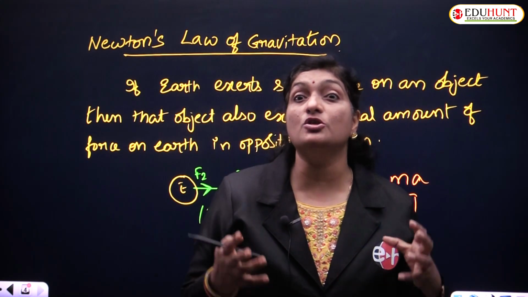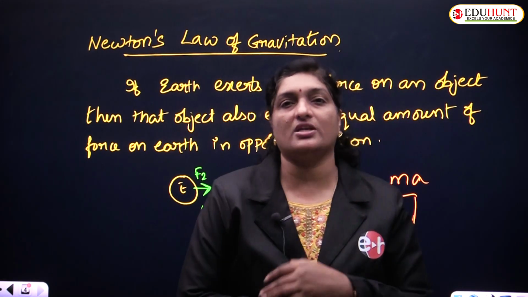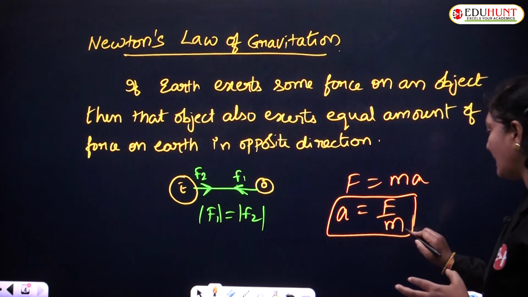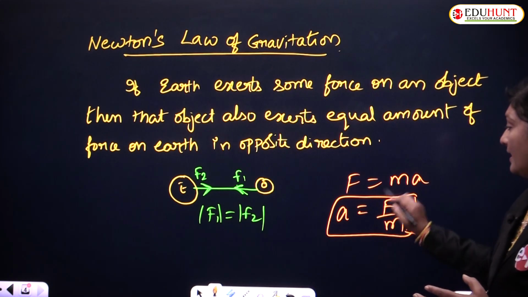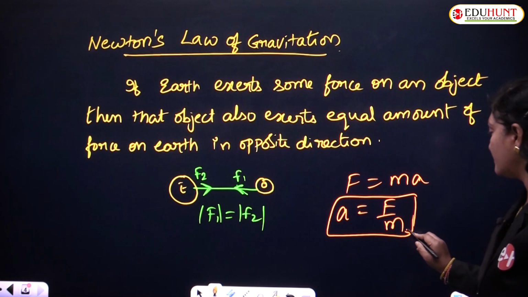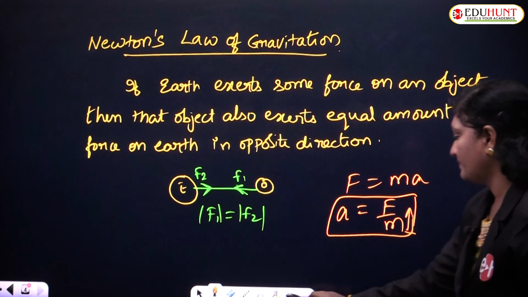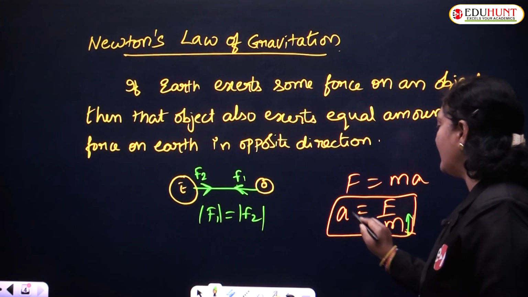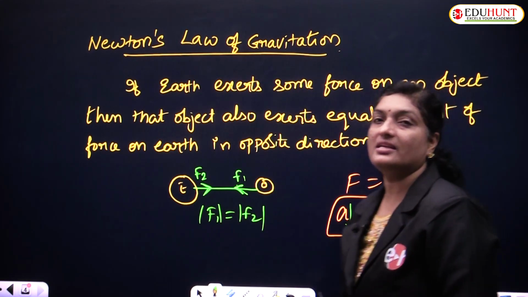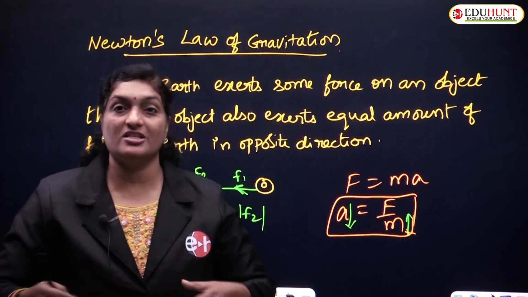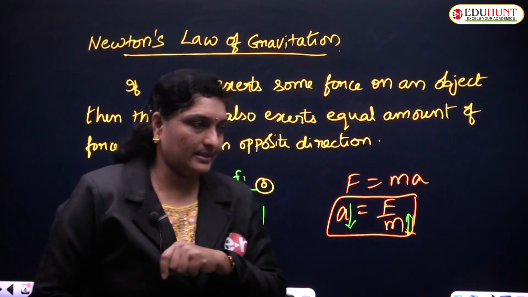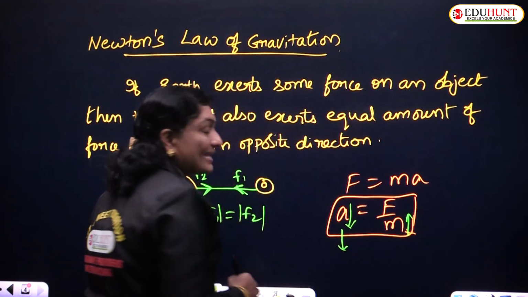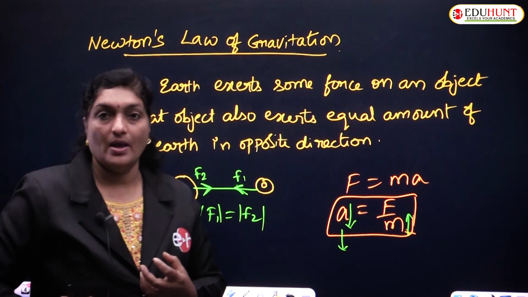It's about 6 into 10 power 24 kg. Because of the huge mass of Earth, larger the denominator, lesser will be the fraction. So as the mass is very large, the acceleration of the body will be less, and this acceleration itself is called g, acceleration due to gravity.